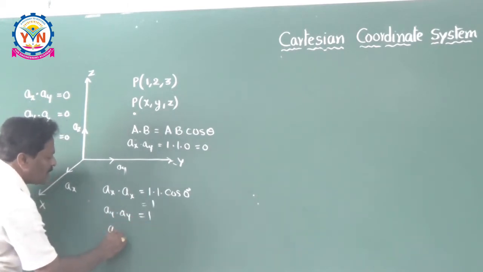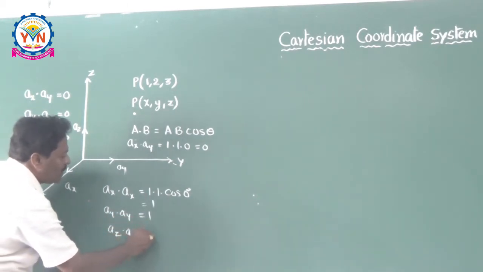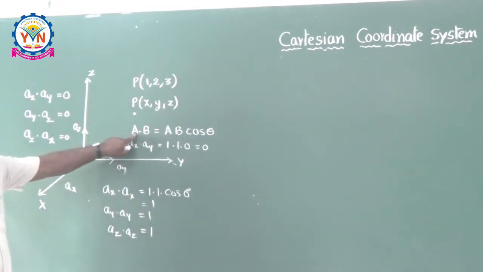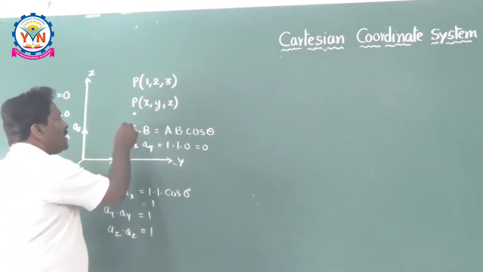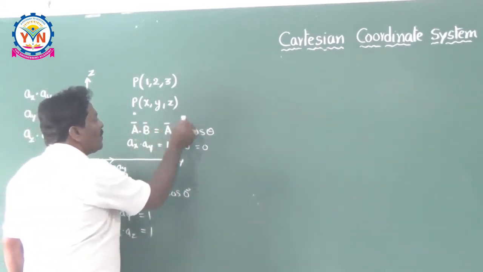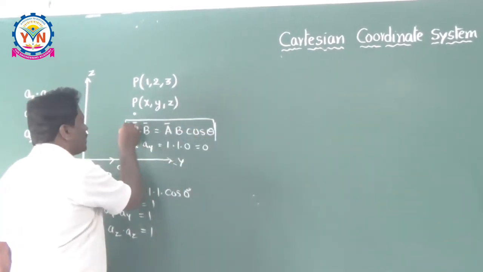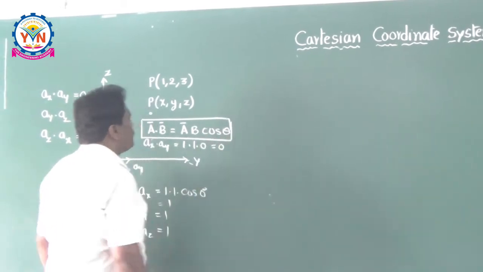So, AZ dot AZ is also equal to 1. These results are simply produced from the property of the dot product. Dot product means A dot B is equal to AB cos theta. So, this is the formula used here with these unit vectors.